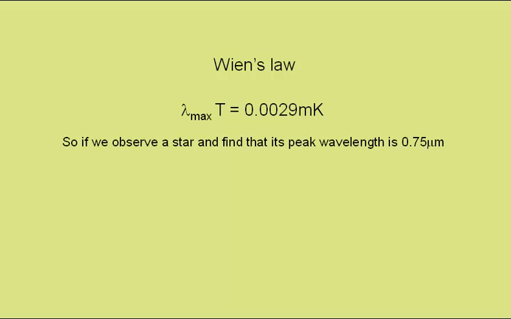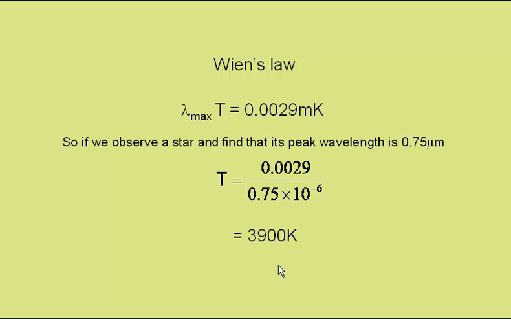So, if we observe a star and find that its peak wavelength is 0.75 micrometres, we can rearrange the equation above and put in the values for the constant, 0.0029, and lambda max down here, and we get that the temperature of the star is 3900 Kelvin.